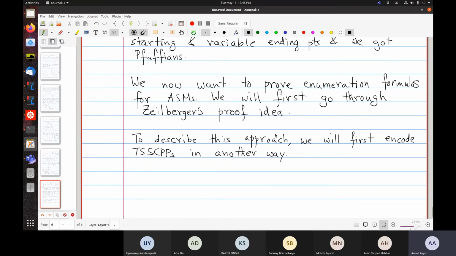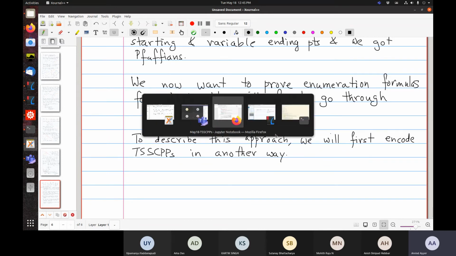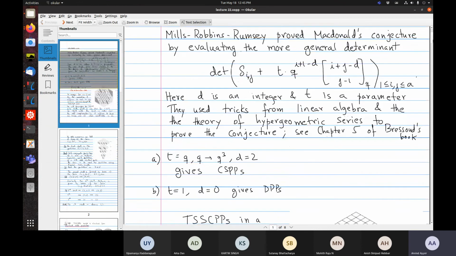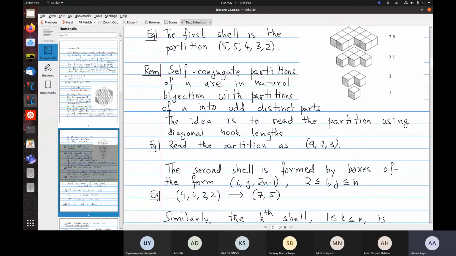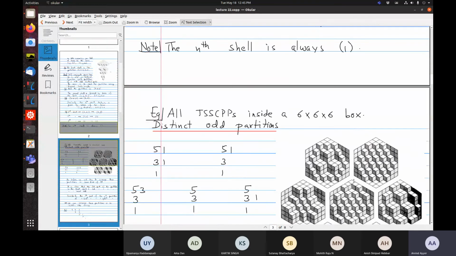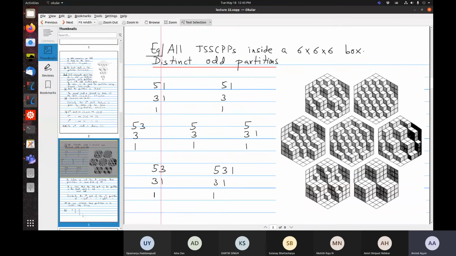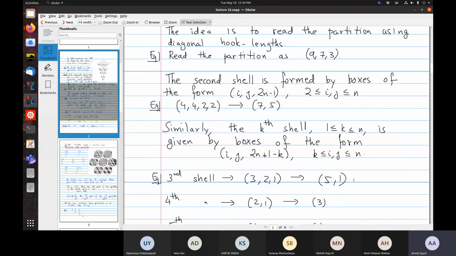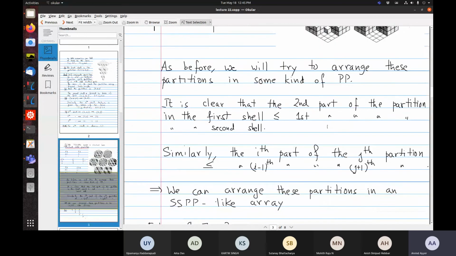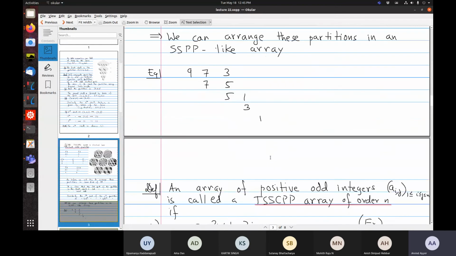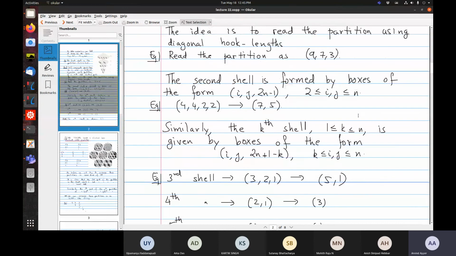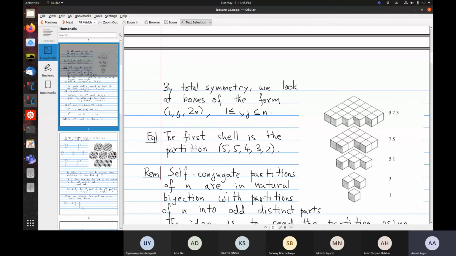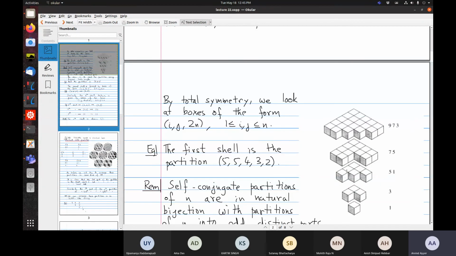So for this proof, remember what we did. We took slices over here, shells, and we made them into strict shifted plane partitions with odd integers, satisfying some condition. But you might have noticed already that when we constructed the slices, we had this extra symmetry.